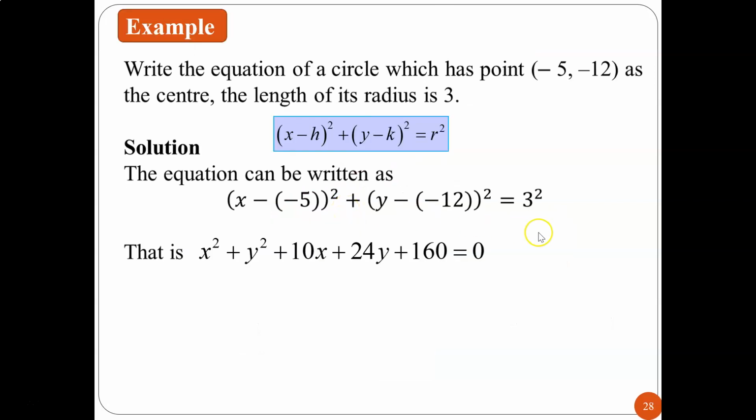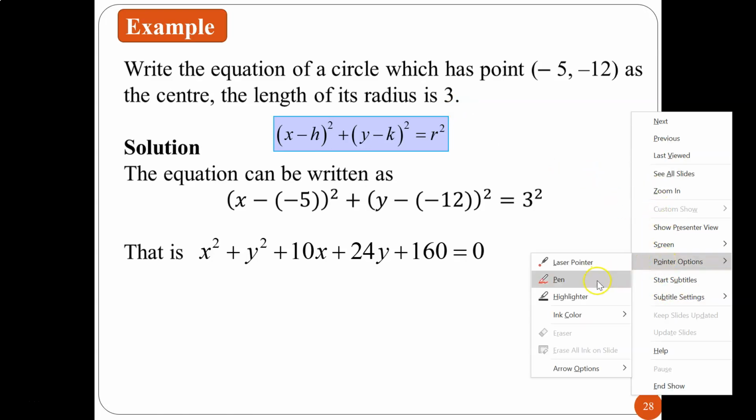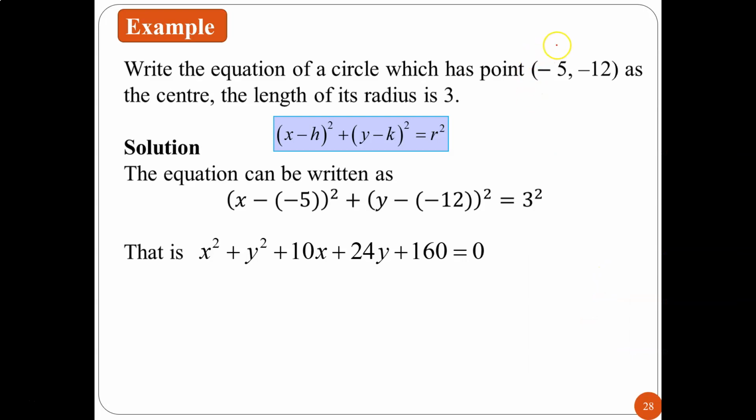Okay, example, write the equation of a circle which has point this as the center. Okay, so dia beritahu dah, this is the center. And the length of the radius is 3. So your R equal to 3. So this is your H, this is your K, right?